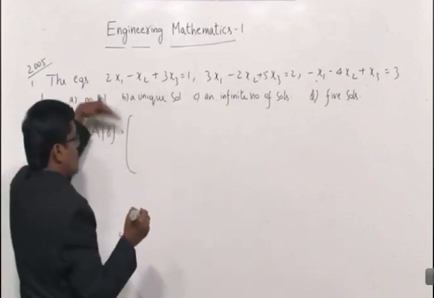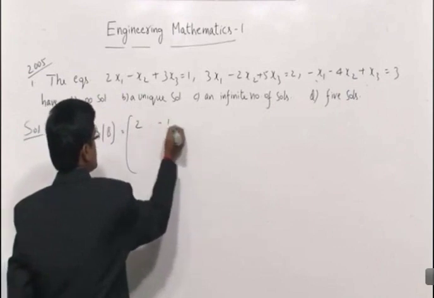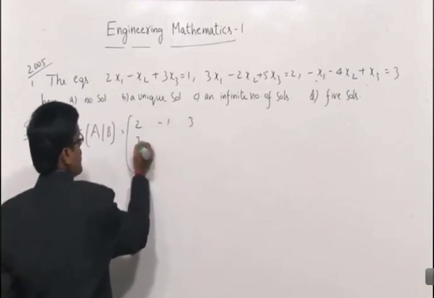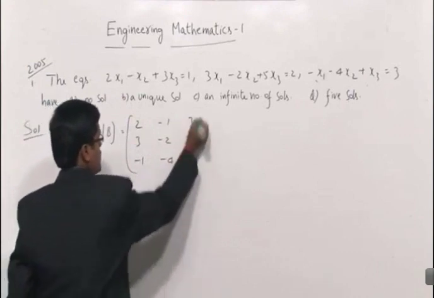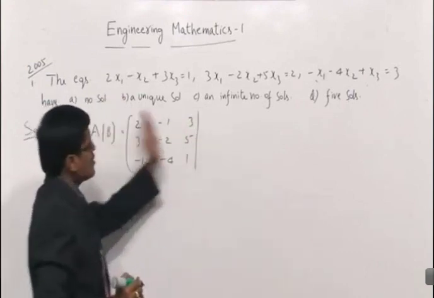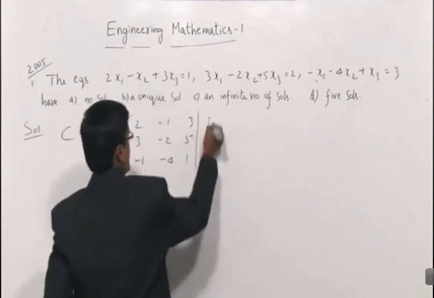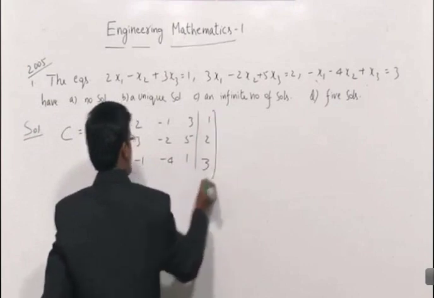Collect all the coefficients of x1, x2, x3 row wise, one equation at a time: 2 minus 1 3, 3 minus 2 5, minus 1 minus 4 1. This symbol indicates that to its left is the A matrix and to its right is the right side of the equation, the B matrix: 1 2 minus 3.